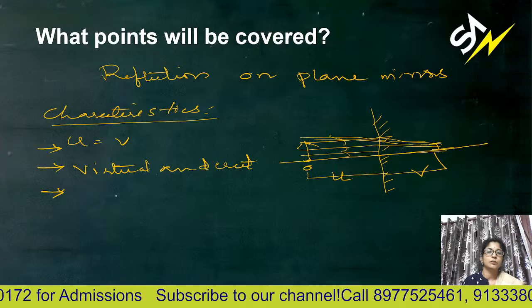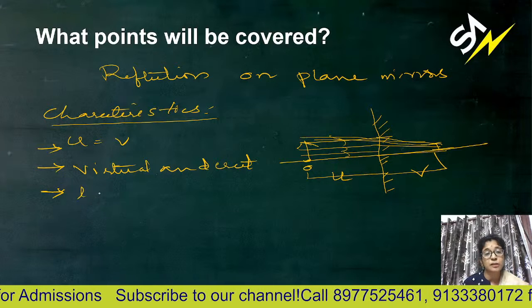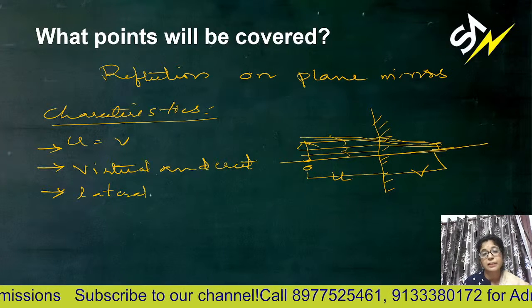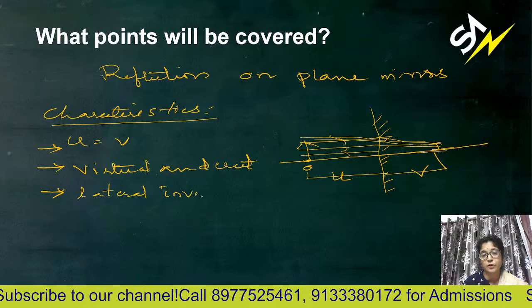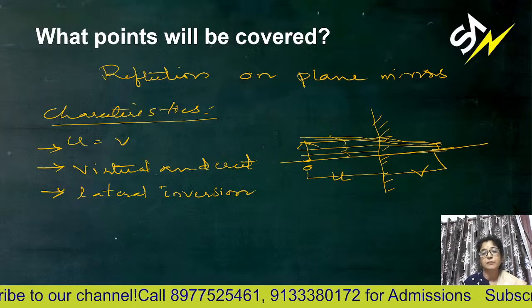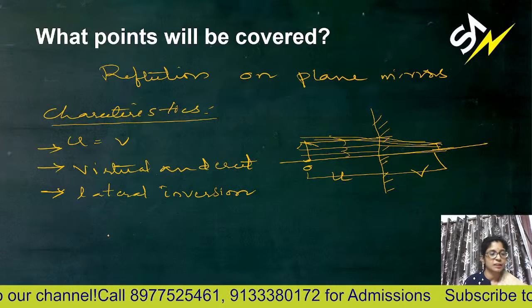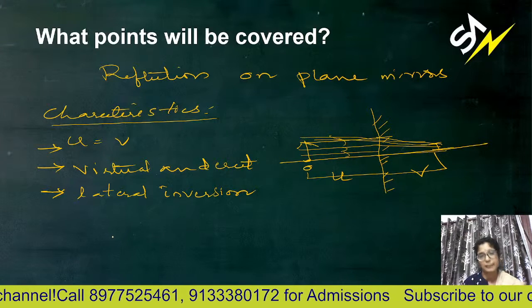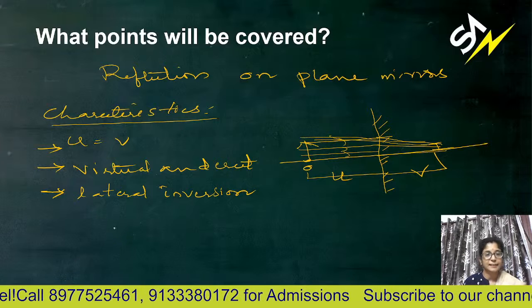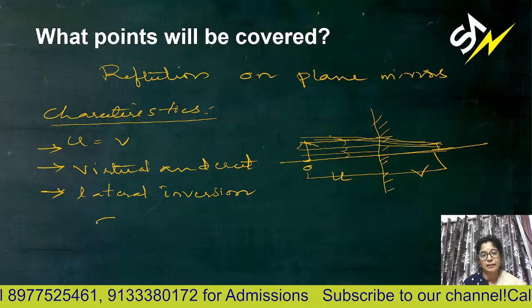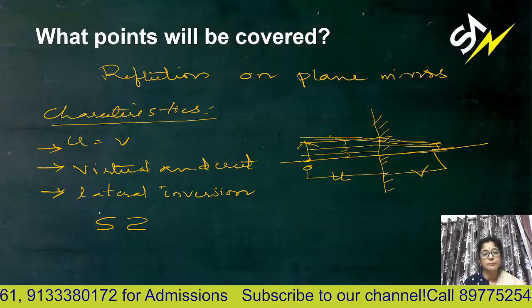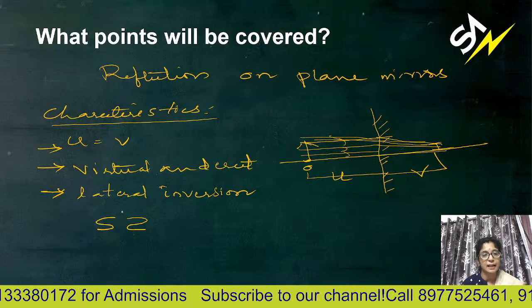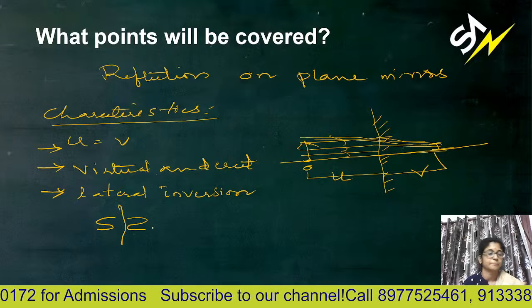So this is about virtual and erect, and most importantly, the image which is formed undergoes lateral inversion. Lateral inversion means what? Left looks like right and right looks like left. For example, you are seeing an image like this in the mirror, then the image looks reversed, meaning left looks like right and right looks like left.